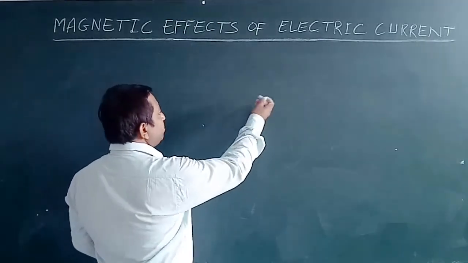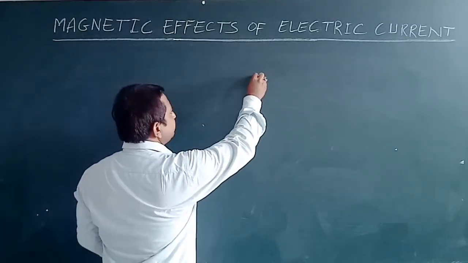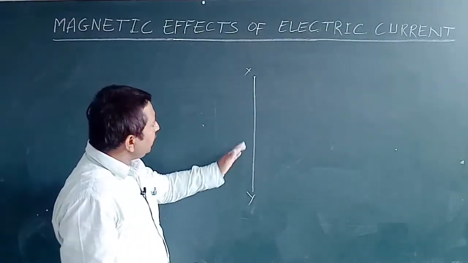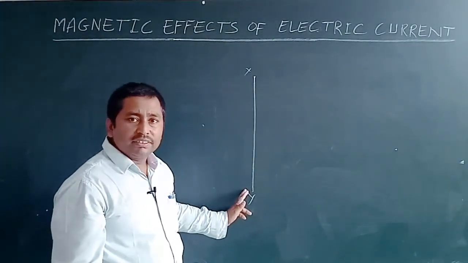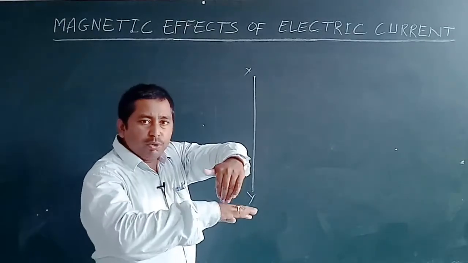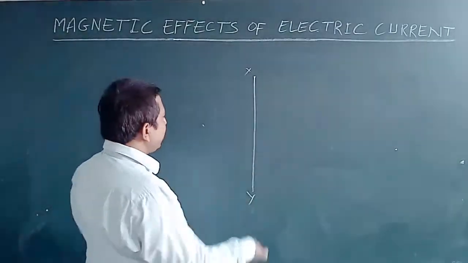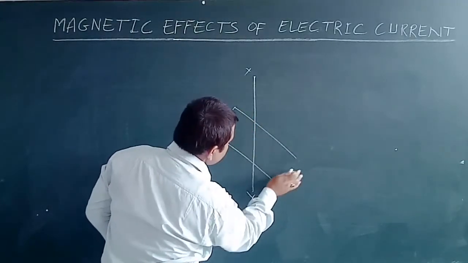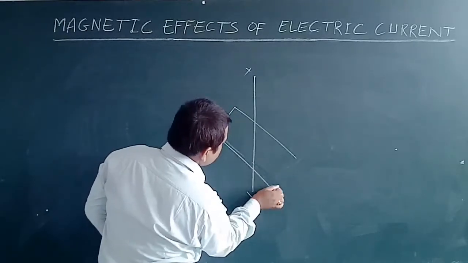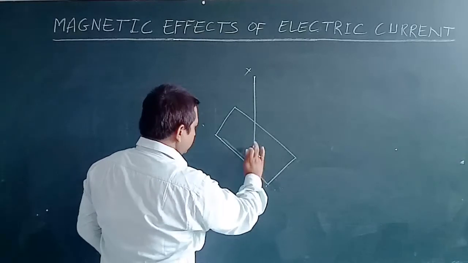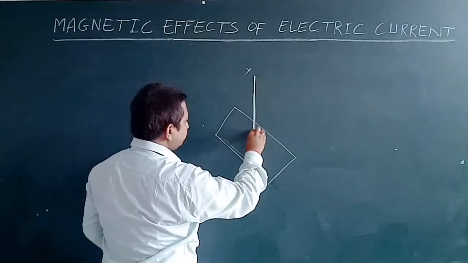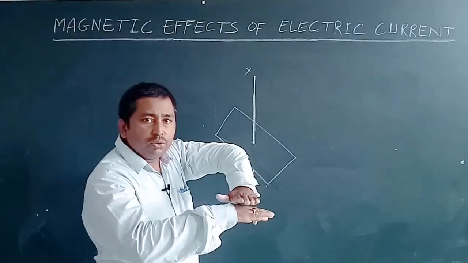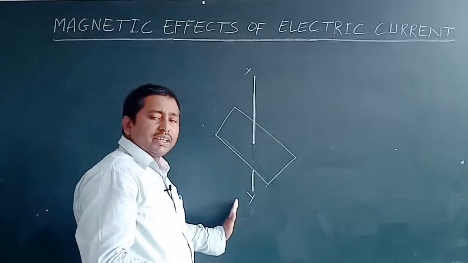Suppose we have a current carrying conductor XY, and we place this wire piercing through a cardboard, normal to the cardboard like this. This is a cardboard whose plane is normal to the current carrying conductor.